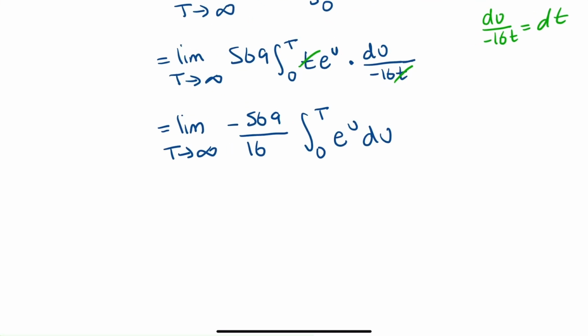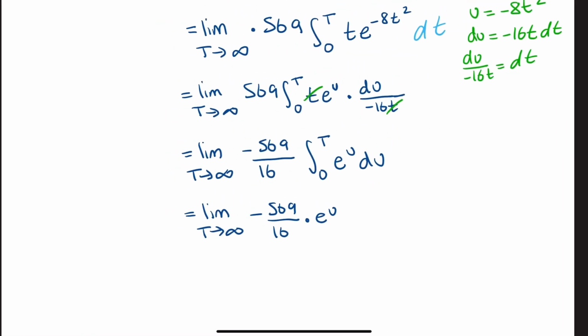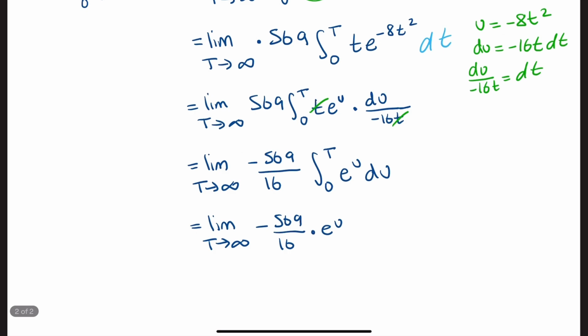And so we know how to take the integral of this pretty easily. It's just going to be the limit as t approaches infinity of negative 569 over 16 multiplied by e to the u. And recall that we said that u is equal to negative 8t squared. So I'm going to go ahead and replace that right now.